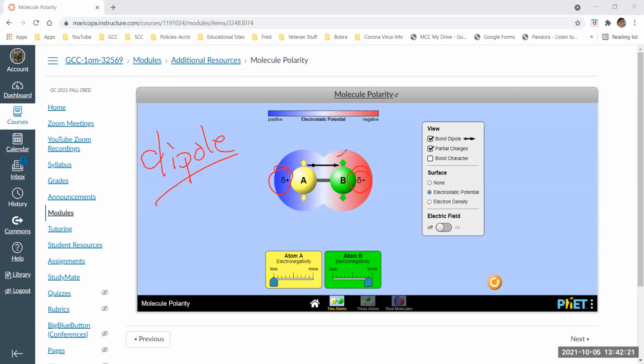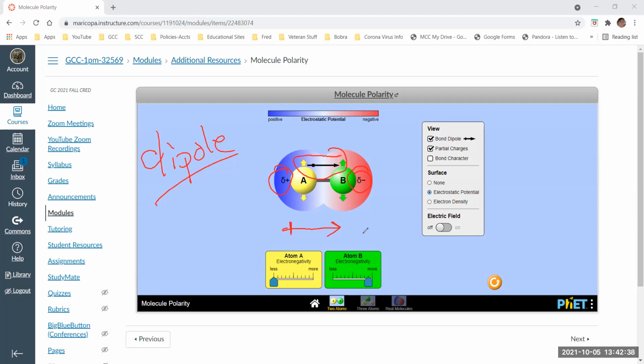And then we designate the direction of the dipole by an arrow. In this case, we draw the arrow toward B and we put a little plus at the end of the tail. And that is the direction of the dipole.